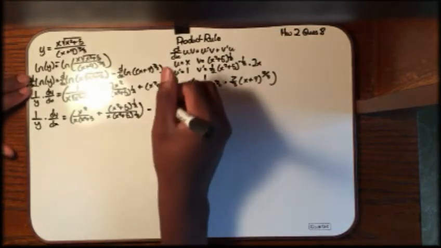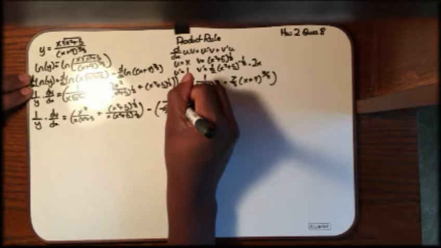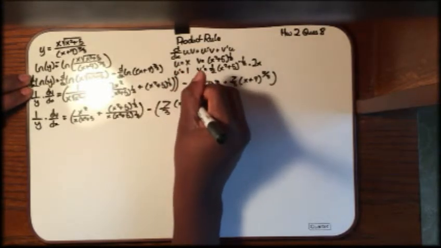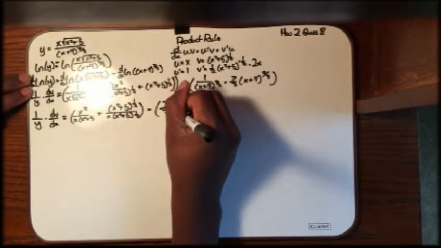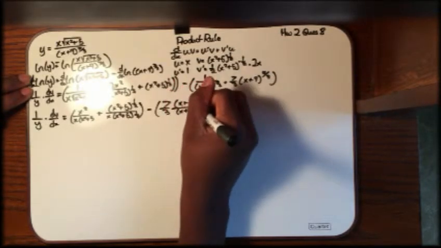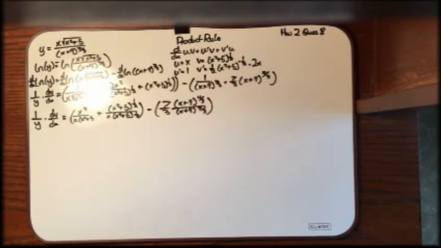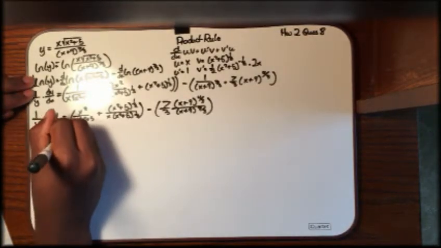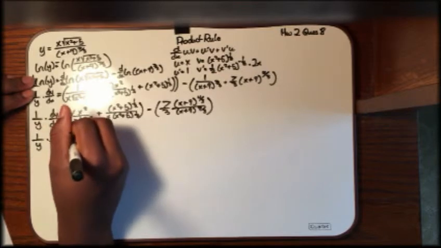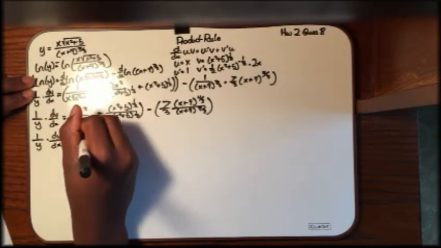What we did here is simplify this part by crossing out the 2's on both sides and then multiplying it with this. And you get this answer. And minus 7/3 times x plus 9 to 4/3 over x plus 9 to 7/3.